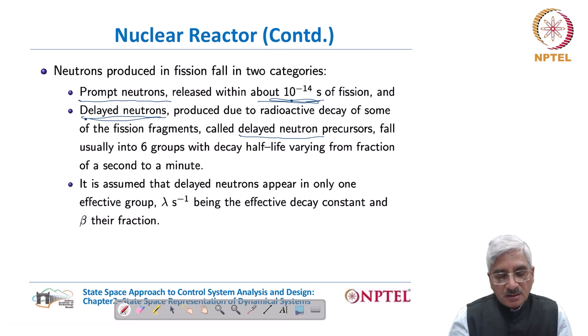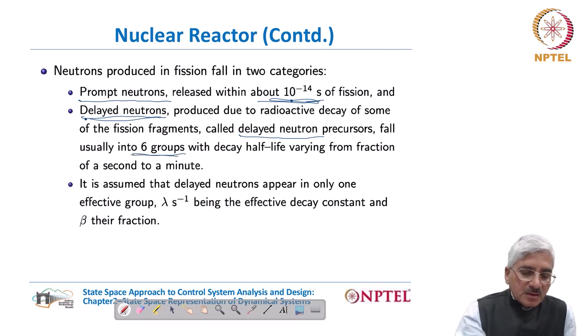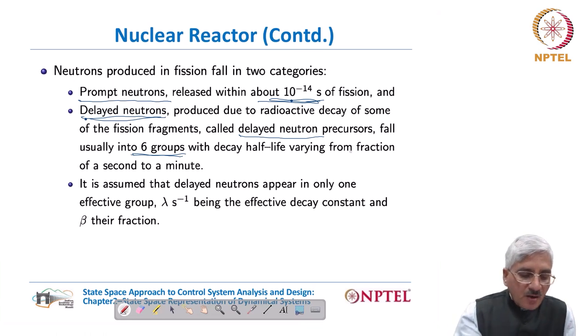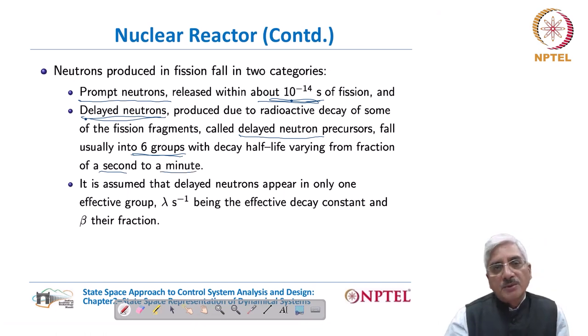It has been seen that the fission fragments which give rise to delayed neutrons, the delayed neutron precursors, fall into 6 groups. There are 6 different groups of delayed neutron precursors, and accordingly 6 different groups of delayed neutrons, with half-lives varying from a fraction of a second up to about a minute.